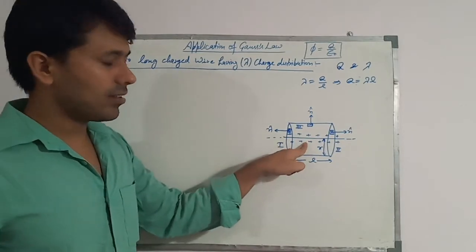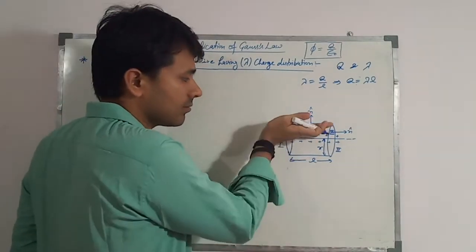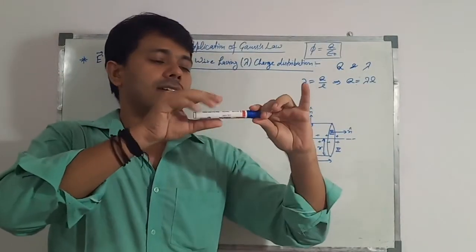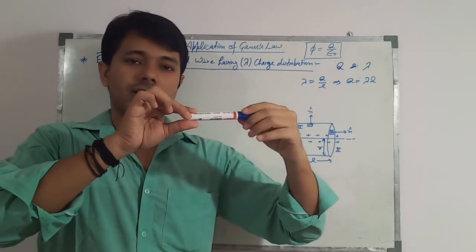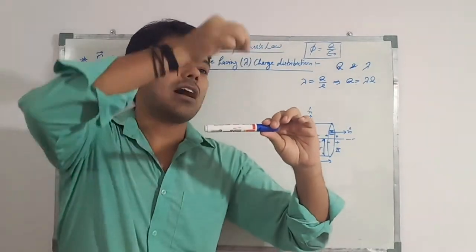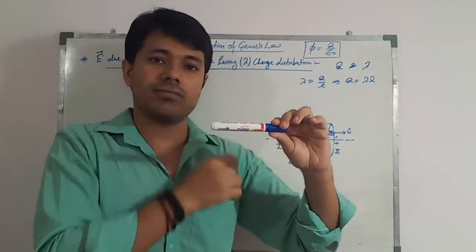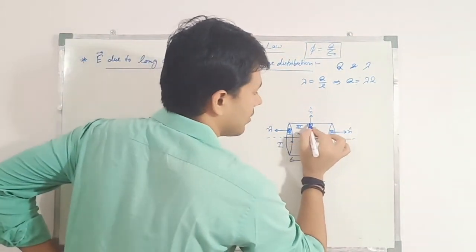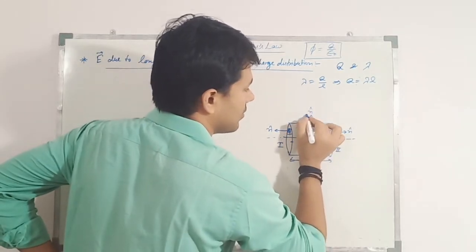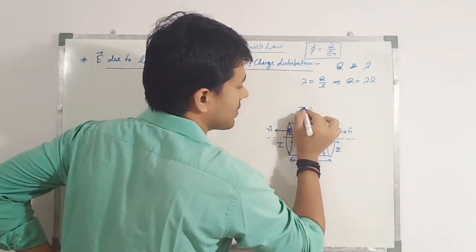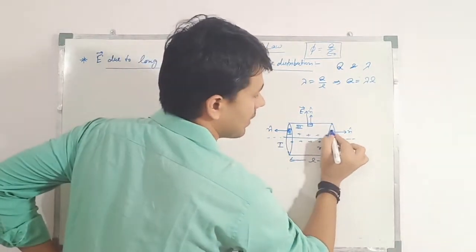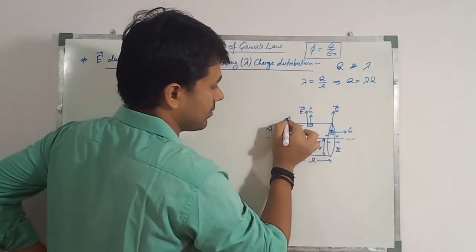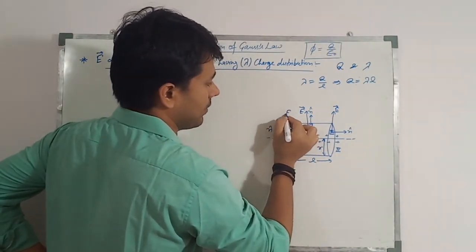Due to the wire, which is infinitely long and positively charged, the direction of the electric field is outward from the wire in all directions. So the electric field on this area is like this, on this area like this, and on this area it is E.